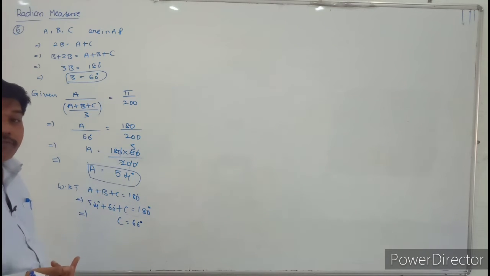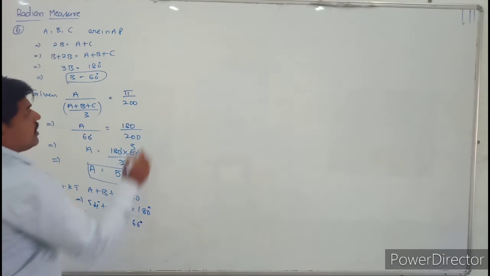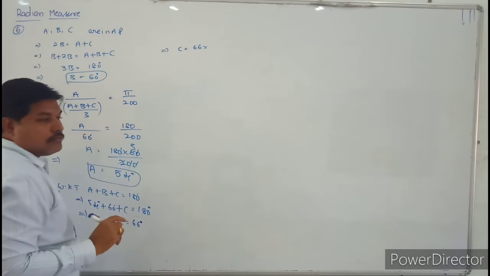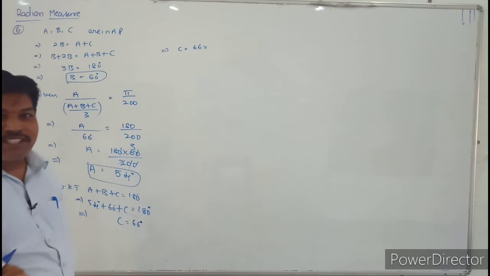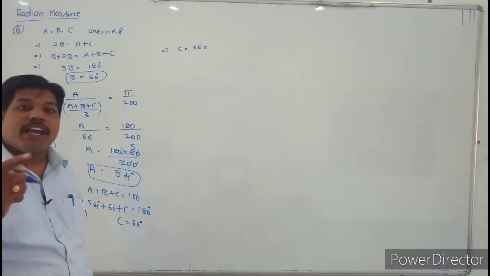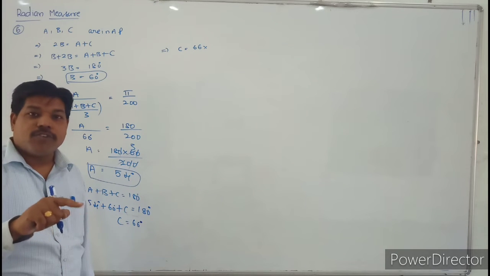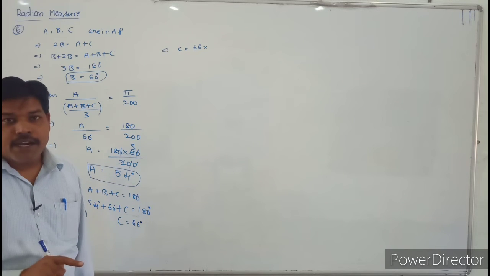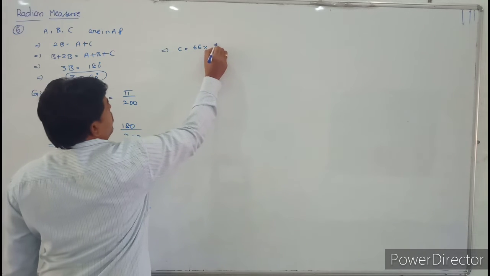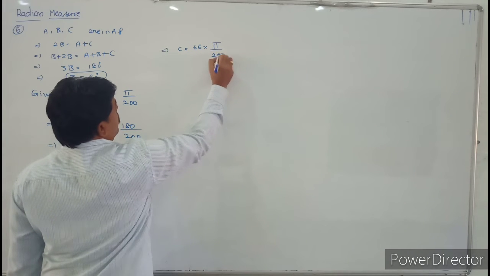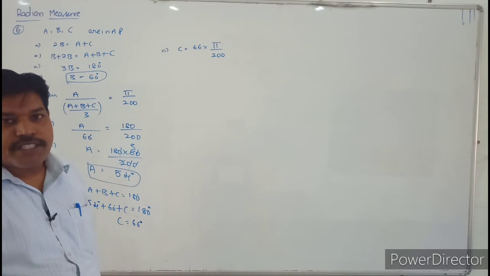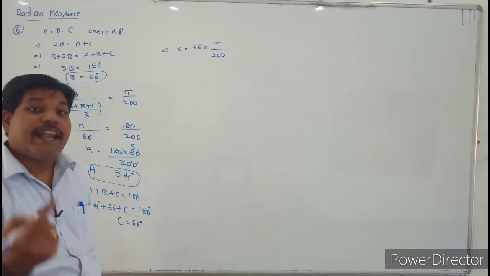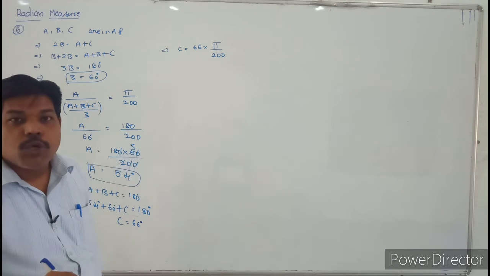If you want to convert degrees into radians, you have to multiply with pi by 180. If you want to convert into grades, you have to multiply with pi by 200. Do you understand, students?